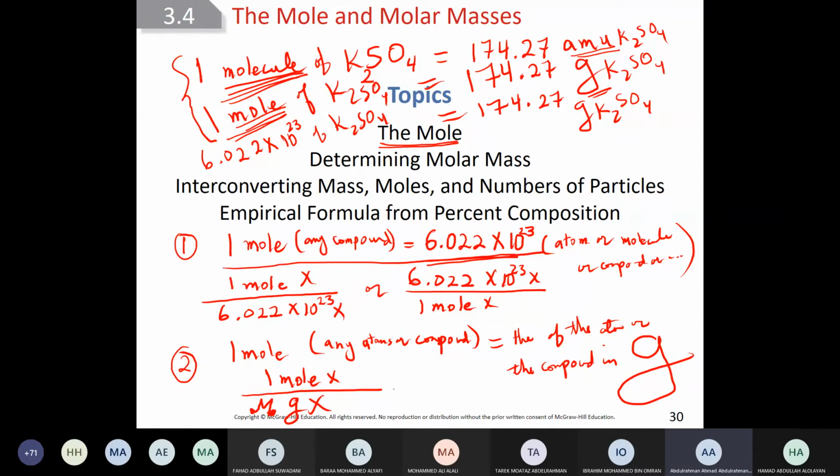Or I can do gram X divided by 1 mole of X. Keep this in mind and memorize them very well.